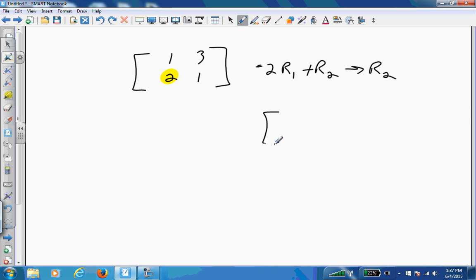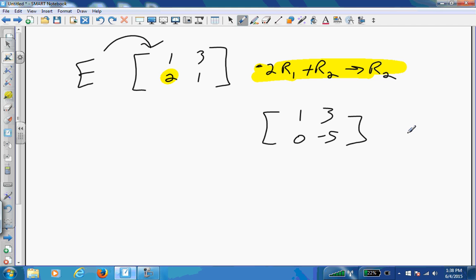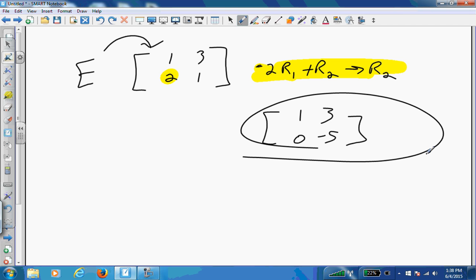So of course that would give us 1, 3 on top, and -2 times this plus this is 0, -2 times 3 is -6, -5. Well, if we represent that with an elementary matrix, we can take that elementary matrix, multiply it by our original matrix, and it'll yield us that same thing there.